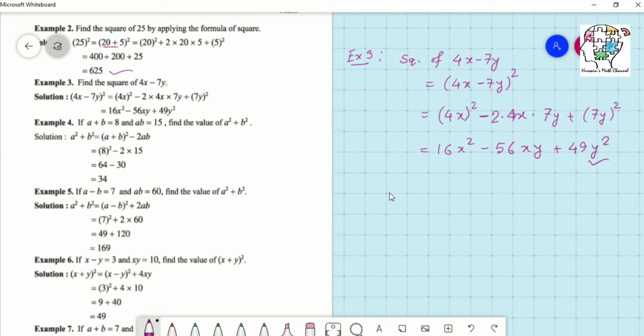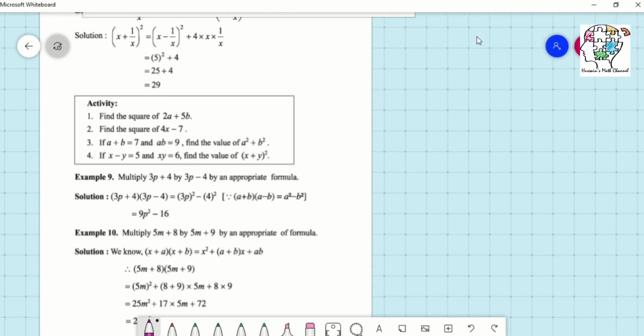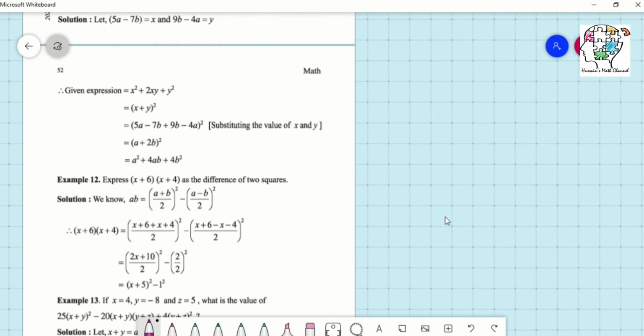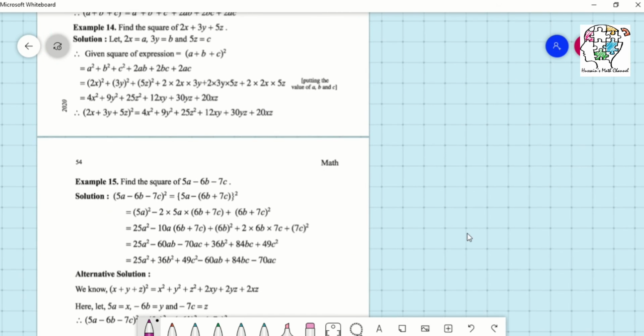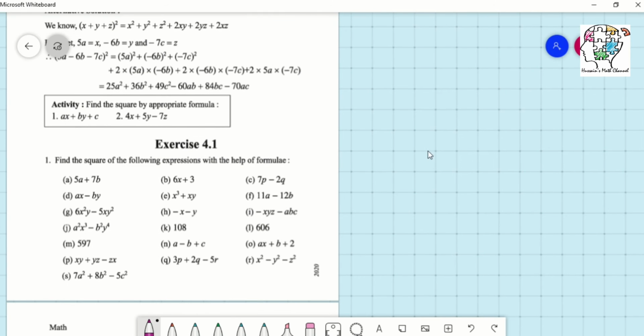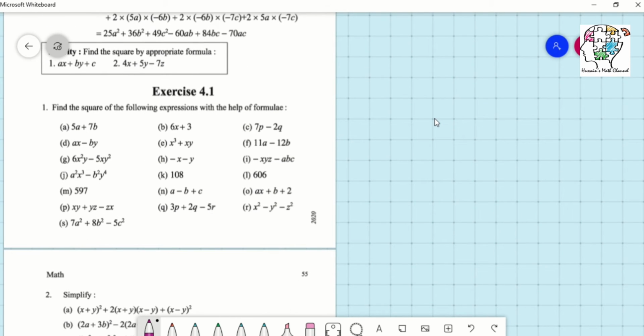Now we go to the next workout. We have a lot of things in exercise number 4.1. Here in exercise 4.1 you can see that there are a lot of problems for practicing. Numbers a, b, c, d we have already done, exactly like example number 1.